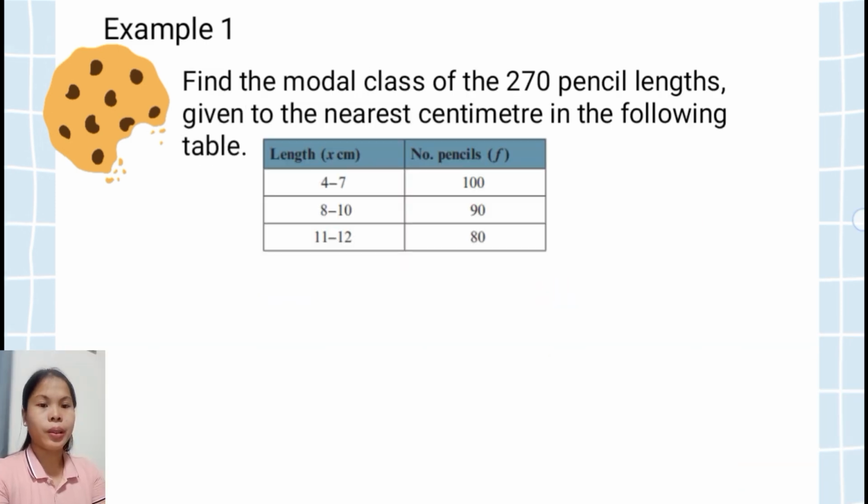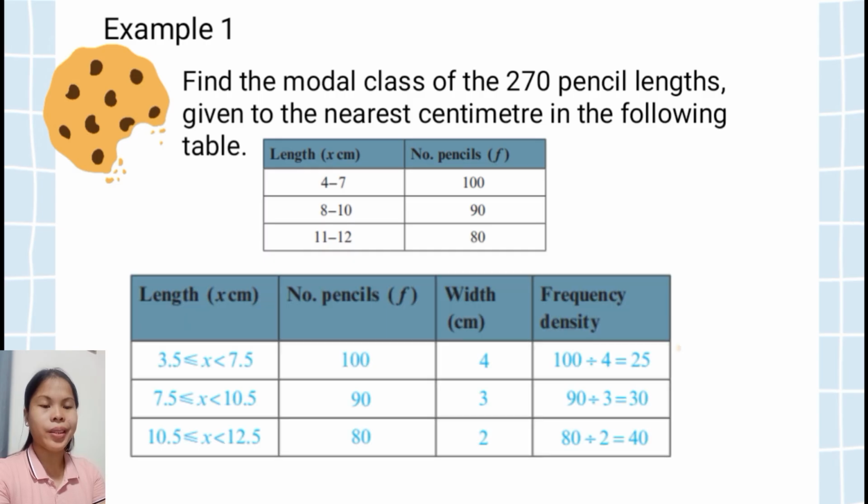Class boundaries, class widths, and frequency density calculations are shown in the table. Let us remember that class boundary is equal to class limit plus or minus the gap divided by 2. Since the gap between 7 and 8 is 1, we divide it by 2 and subtract it from 4.